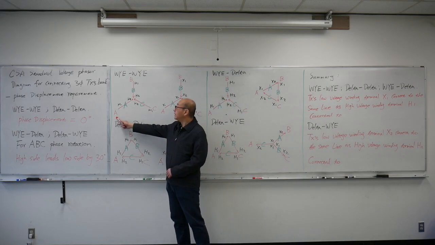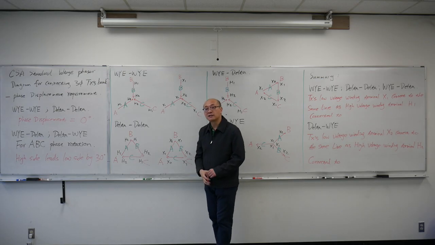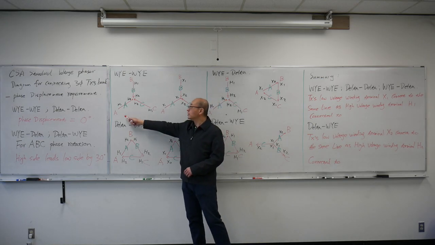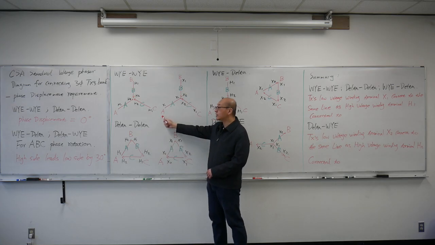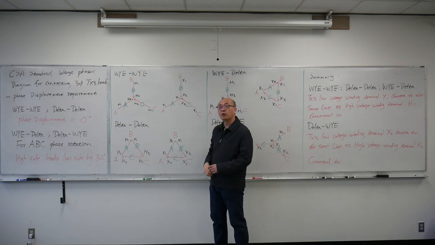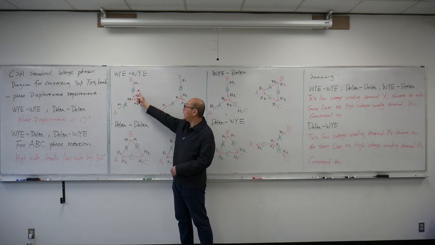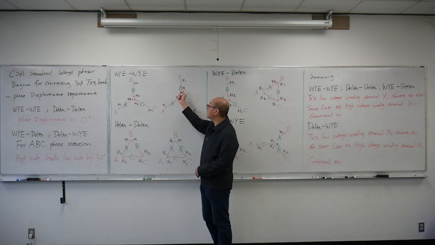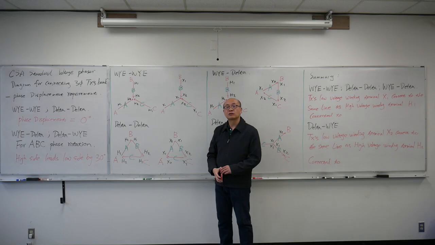The red letters A, B, C here are the lines. So we connect the high voltage side to the A, B, C three lines down here. On the low voltage side we also have A, B, C indicating where the lines connect to. The green letters A, B, C here are each single-phase transformer core or coil.